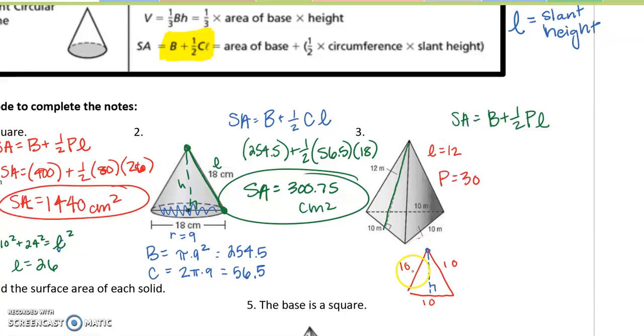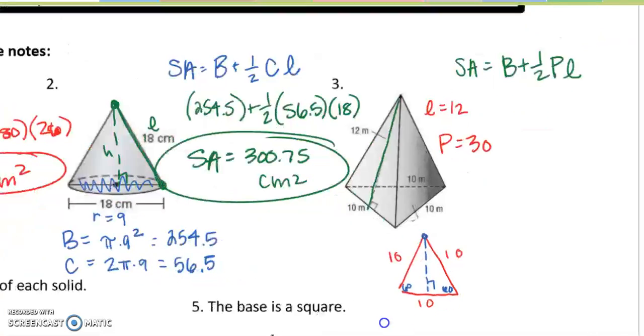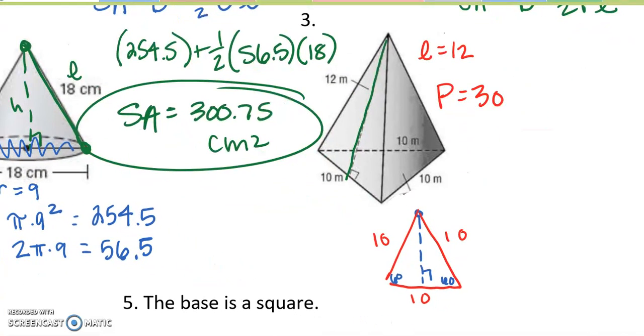To find that perpendicular height, sorry, crazy pen. I need to use the fact that this is an equilateral triangle, so the angles would be 60 degrees, meaning I just cut this into two 30, 60, 90 triangles. So the hypotenuse is 10. Across from the 30 would be 5 and 5.